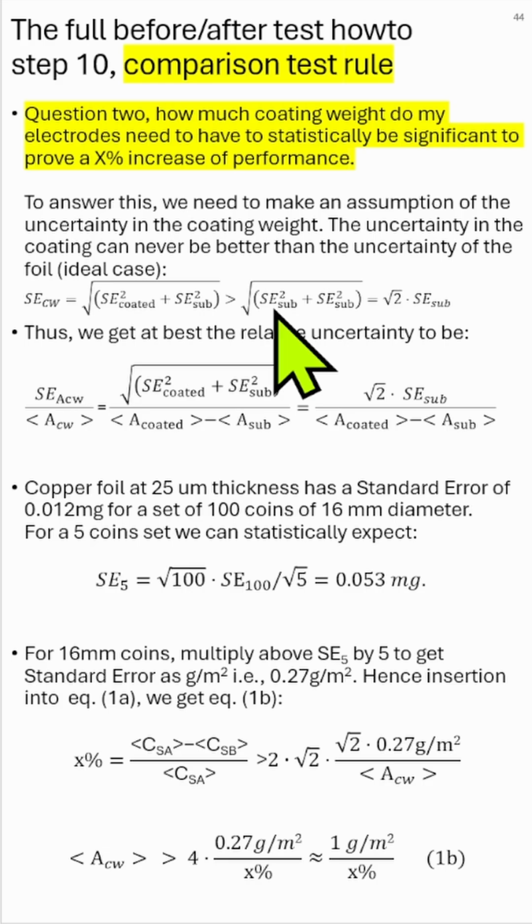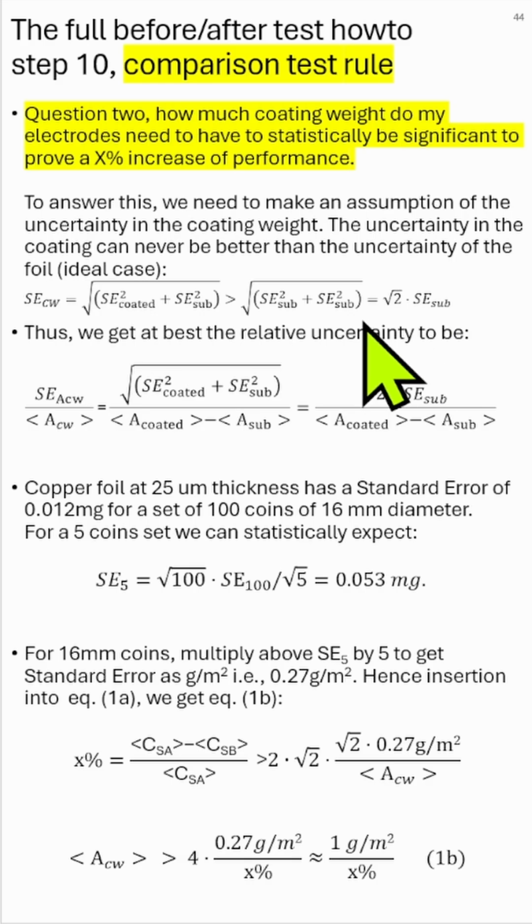And we cannot get a better standard error than the substrate we are coating on top of, right? So in an ideal case where we have a perfect coating, we will inherit the standard error of the substrate that we're coating onto, right? So the standard error of the coating weight ideally can never be better than square root of 2 times the standard error of the coating substrate.